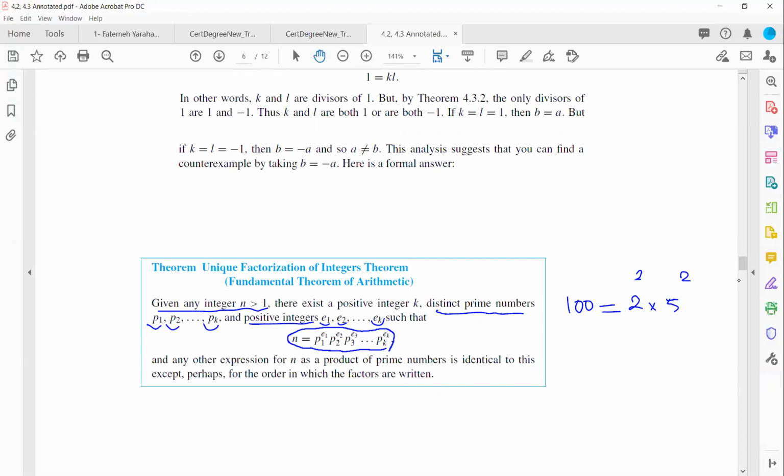This is called unique factorization of integers.